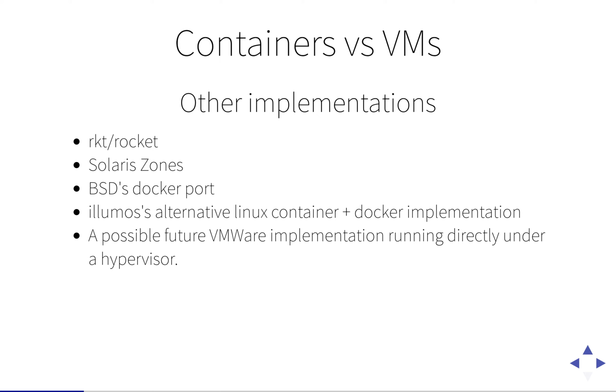One of the Illumos distributions is SmartOS, and the SmartOS guys have a very nice Docker solution which allows us to have Solaris Zone security, but an entirely Docker compatible runtime. So you treat the machine as a Docker host, and everything just works, and security comes along too. A great solution. There are also other possible future implementations that we've heard rumors of.